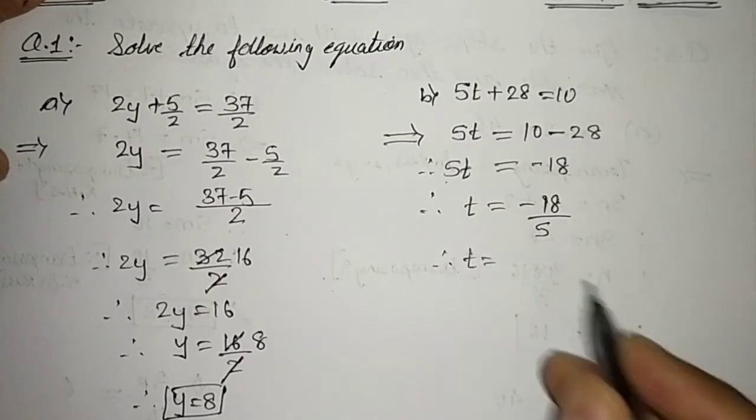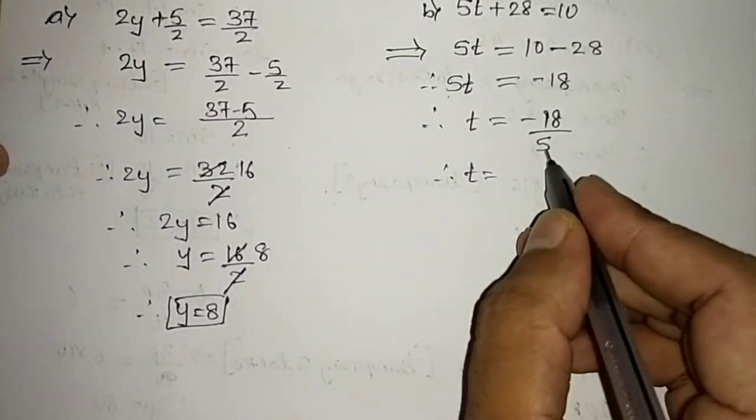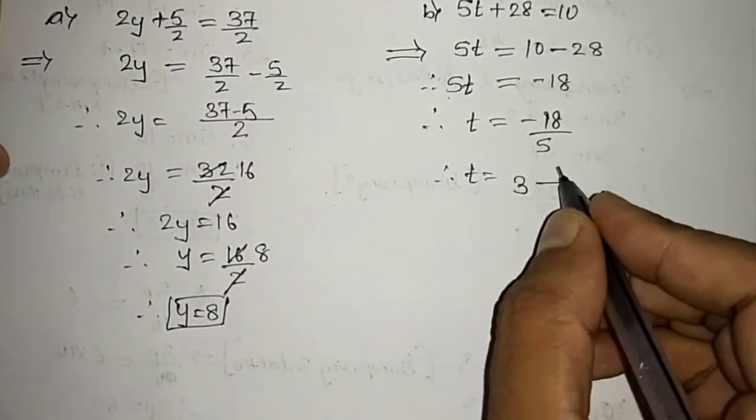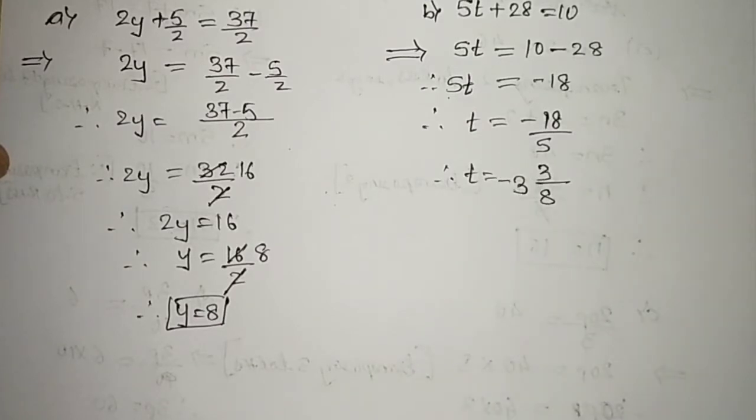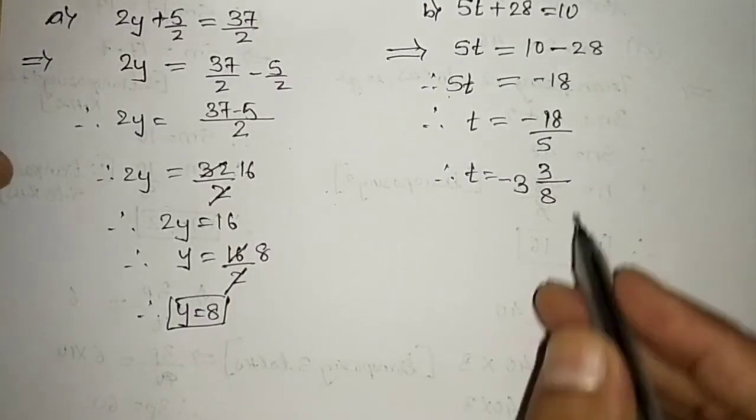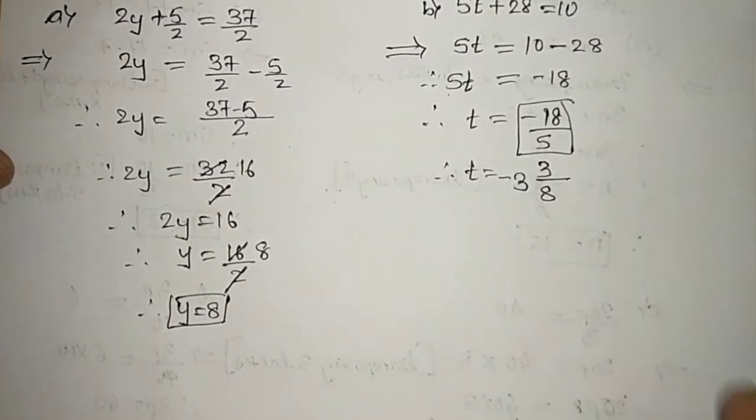Now converting into mixed fraction, 5 3s is 15 and 3 left, so we will get minus 3 integer 3 by 5 will be your answer. You can also keep this answer as it is.